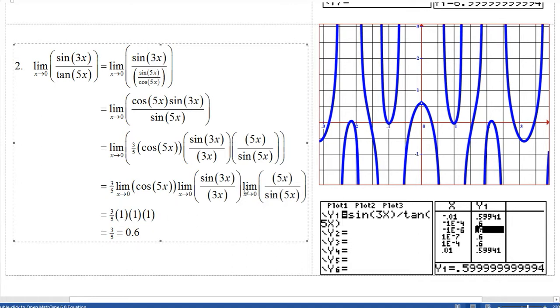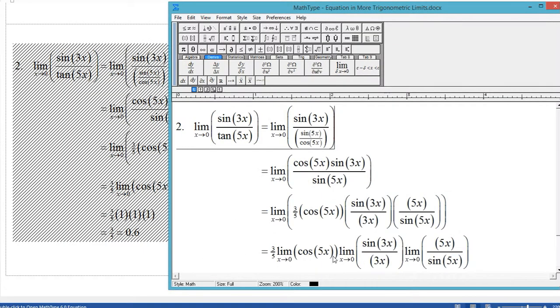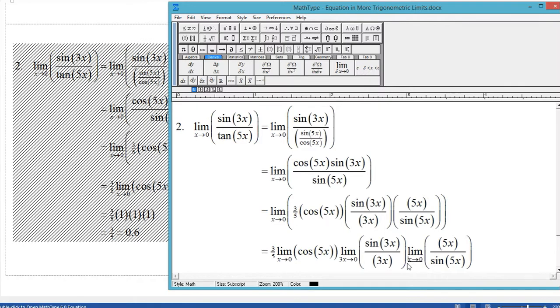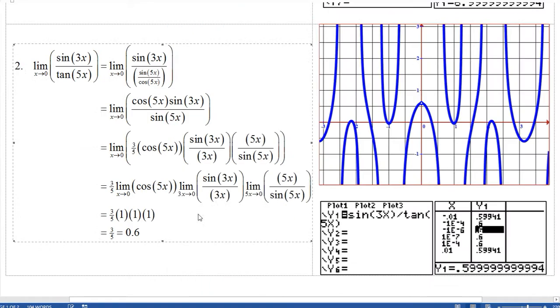Now these two parts are not continuous functions here, but notice as x goes to 0, 3x also goes to 0. So I might even write that way as 3x is going to 0, and this one as 5x goes to 0. So notice as x goes to 0, 3x goes to 0, and this is sine of some letter, let's say sine of t over t as t goes to 0, that is 1.